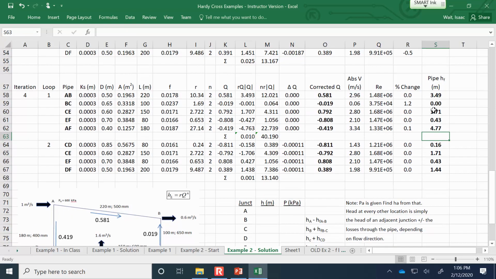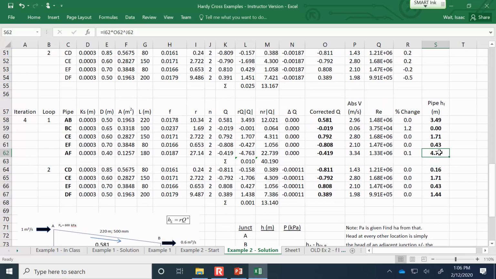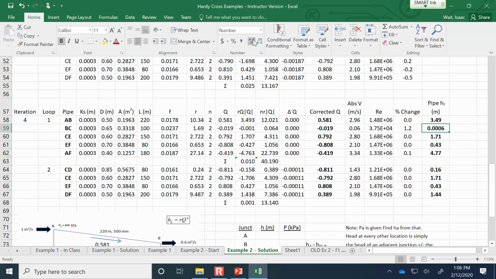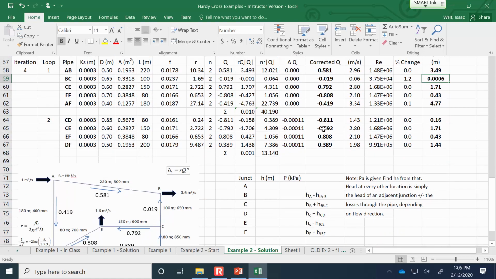So let's look at where there is a lot of head loss and where there is very little. You'll notice through pipe BC, there's virtually no head loss through that pipe. We can see some if we expand the numbers out more, but there's very little head loss because there's very little flow rate through pipe BC.